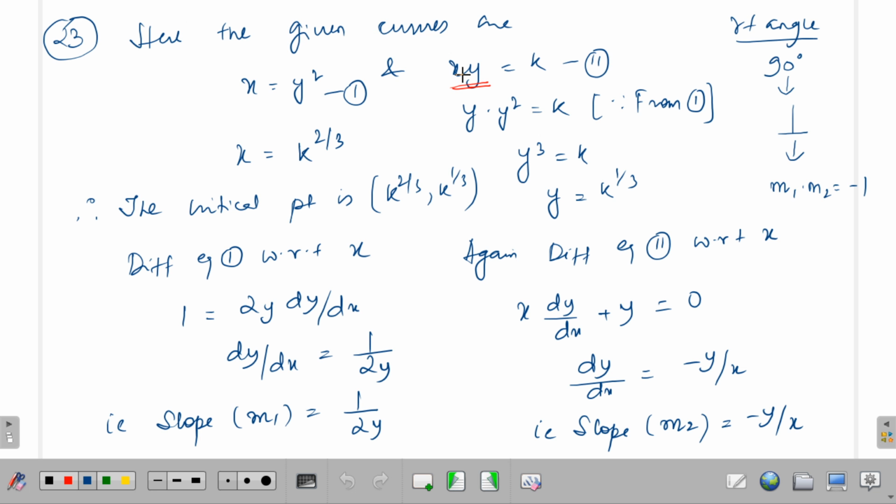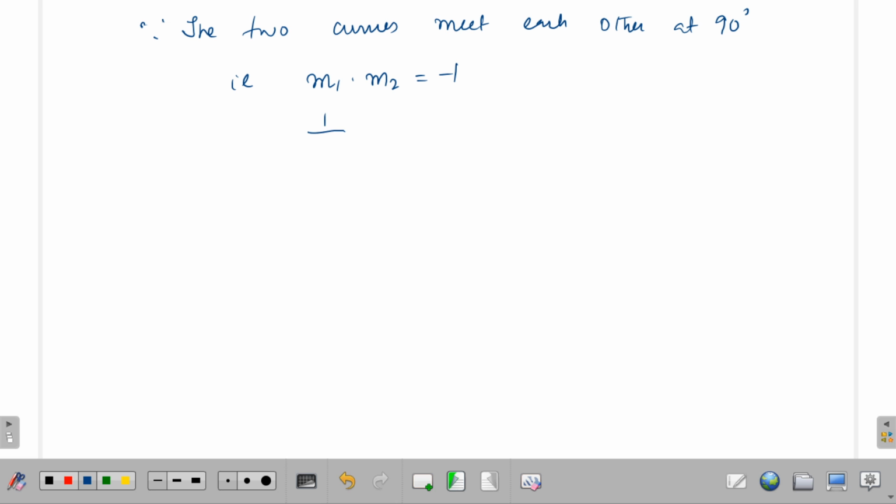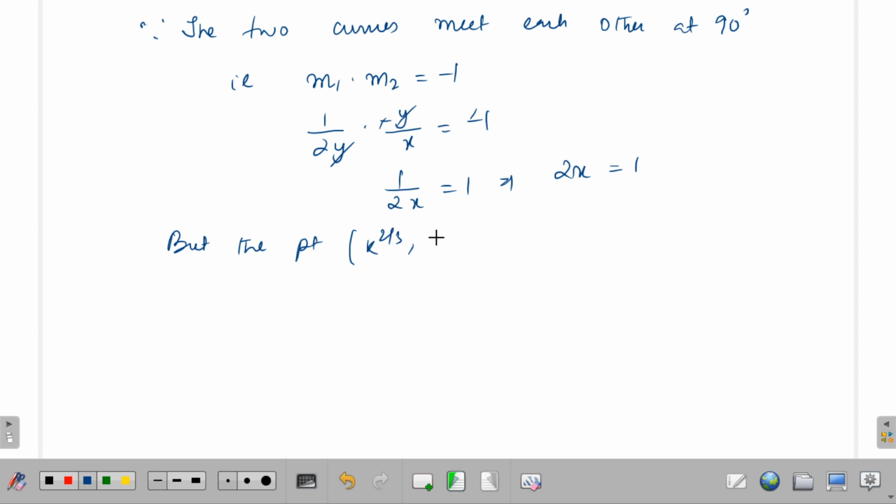So m1 is 1/(2y) and m2 is -y/x. So 1/(2y) × (-y/x) = -1. The y and y cancel, minus and minus cancel, so 1/(2x) = 1. In short, 2x = 1. But the critical point was k^(2/3) and k^(1/3). So it will be 2k^(2/3) = 1.